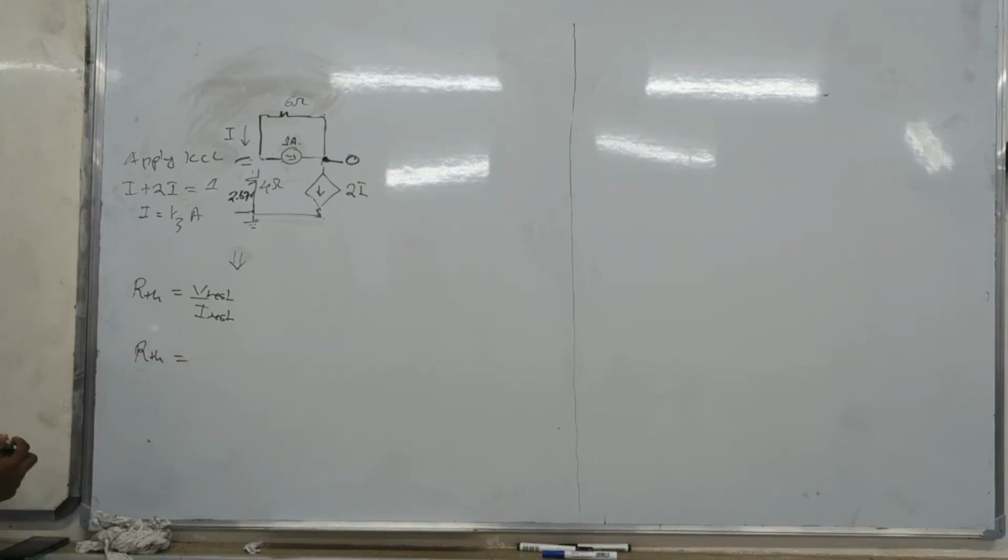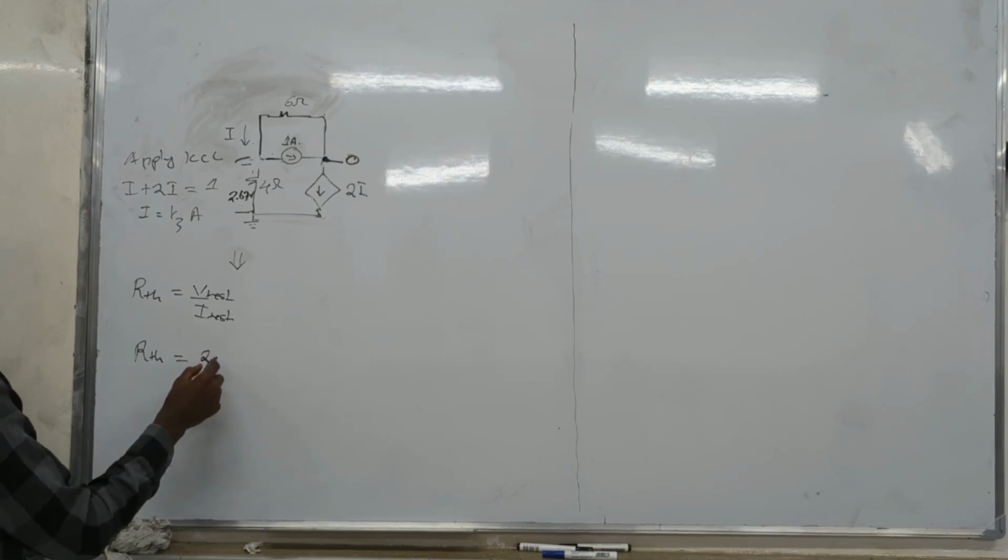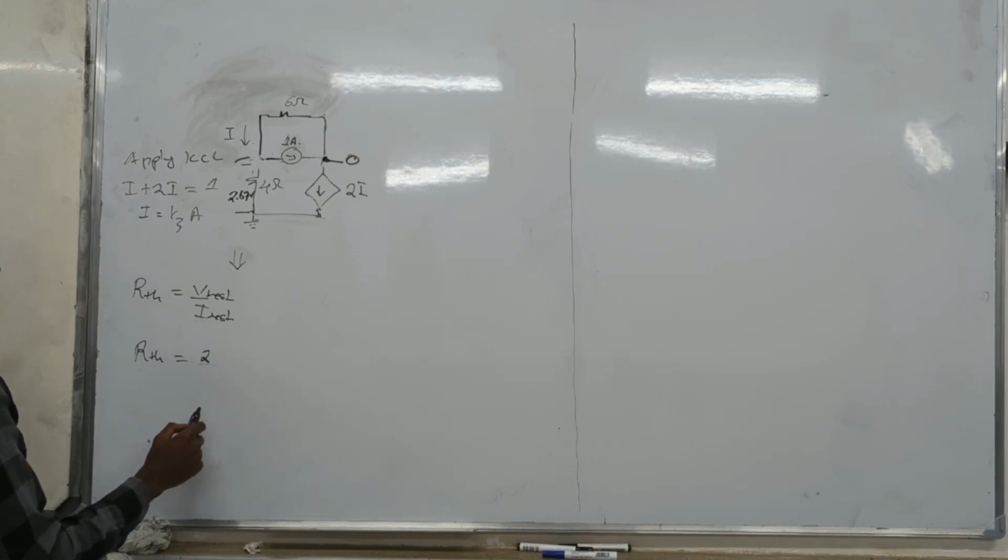So RTH is what? V, what's our V test? The voltage we found. The current we set.